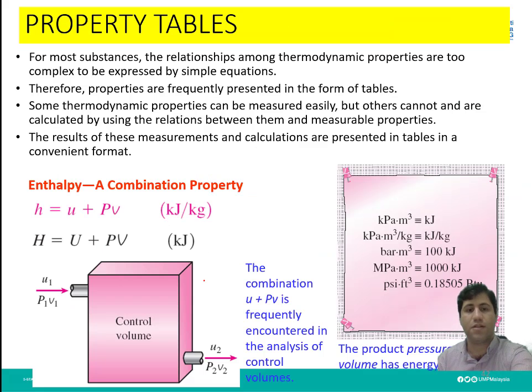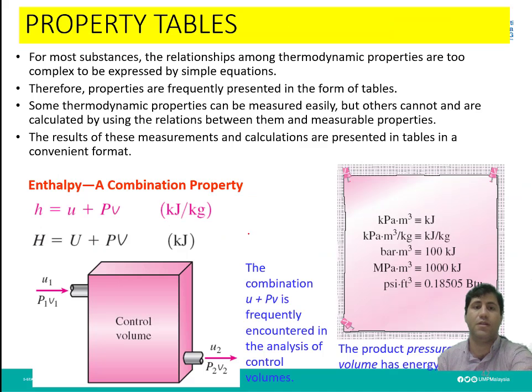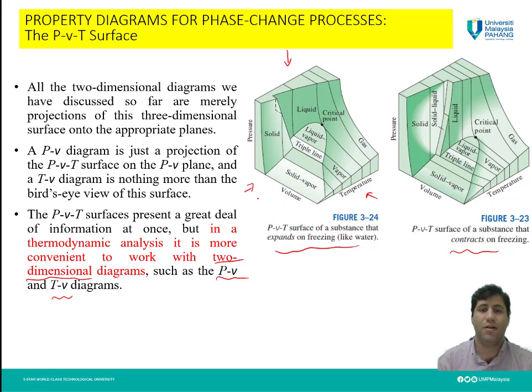So by this slide, we reach the end of this session. Next session, I will explain more about the property tables, which are prepared according to the phases which I already introduced in this session, and the phase changing process which I already introduced in this video.